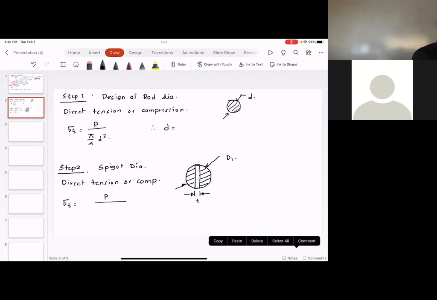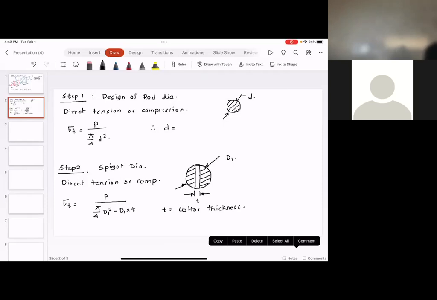You have the circular area, which is pi by 4 d1 square, and the area of the hole is d1 multiplied by T, where T is the thickness of the quarter.